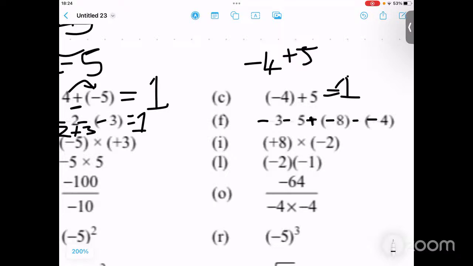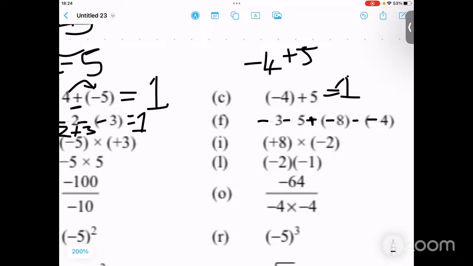Let's go to F now. For F, we are having -3, -5, in brackets, -8, minus in brackets, -4. Busisi, how are we going to tackle this one? Ma'am, I'd like to start with the brackets.